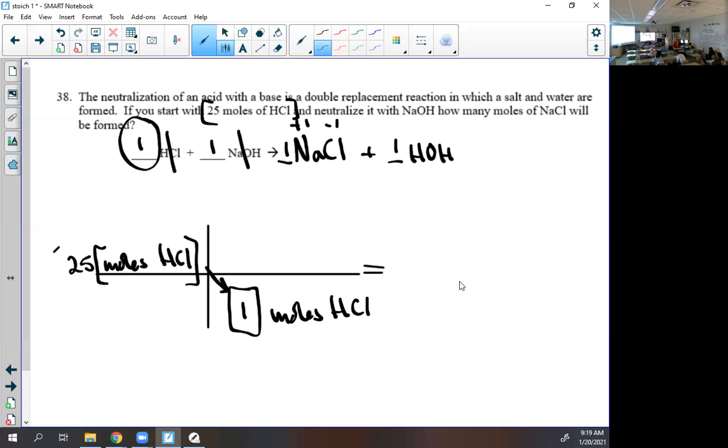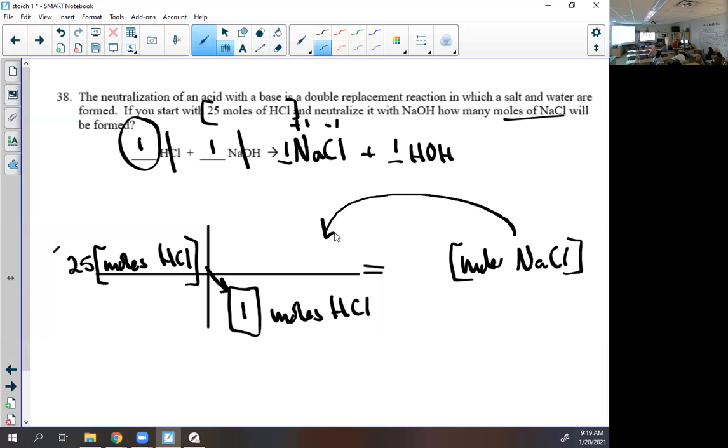Then I need to find out what I want to solve for. It asks how many moles of NaCl, so moles, NaCl, and this unit will always match the end unit. And I can find that number right here is also a 1. So this was super pointless math.